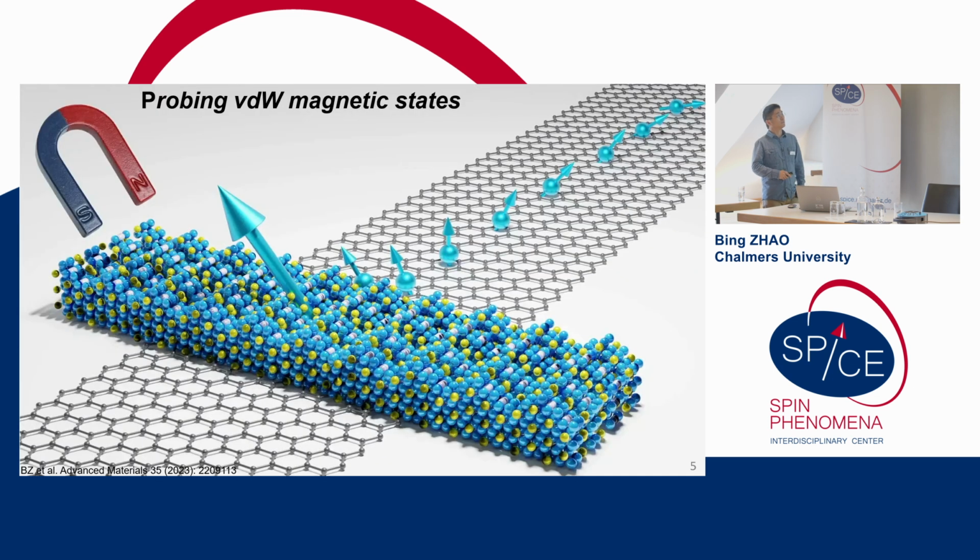First, we use the lateral spin valve signals. We take advantage of this magnet and graphene interface, the windowless interface, to inject or detect the moments, because the spins can go through the interface and then be detected by the reference contacts.